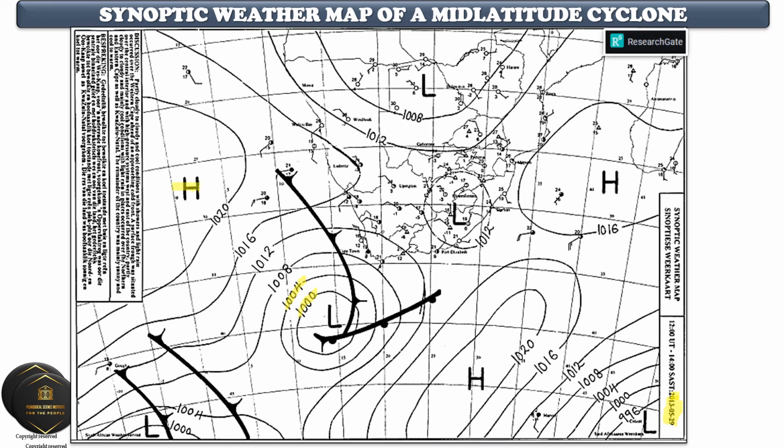Hence your high pressure systems here are closer to the interior, you see, allowing for the mid-latitude cyclone to affect the interior over there.